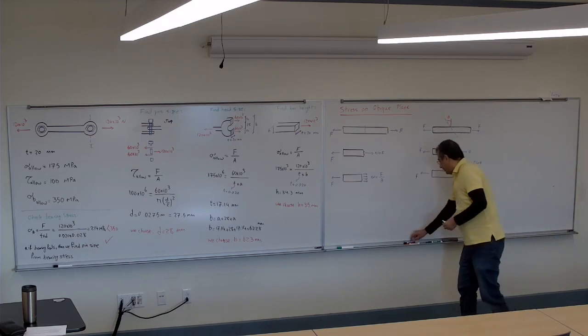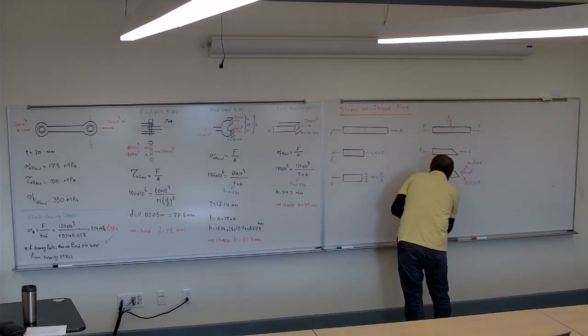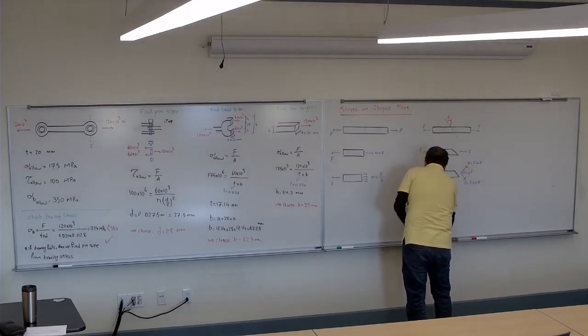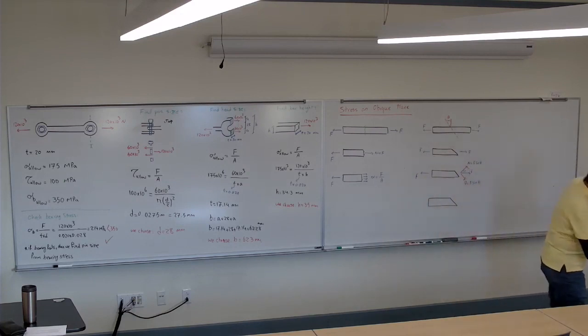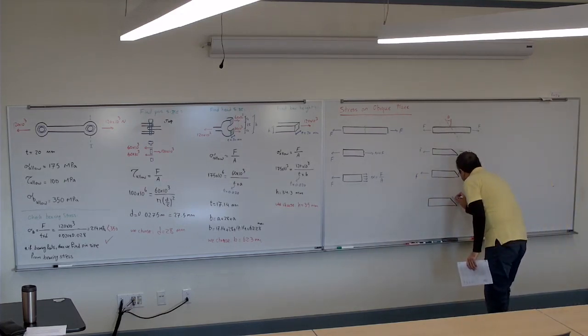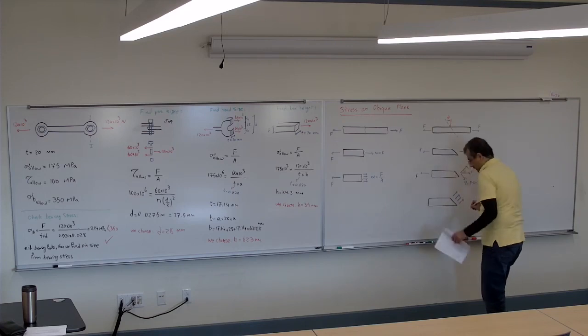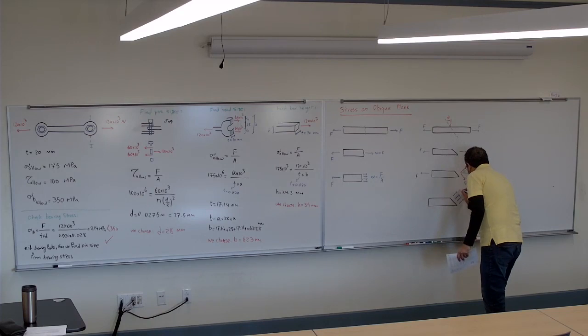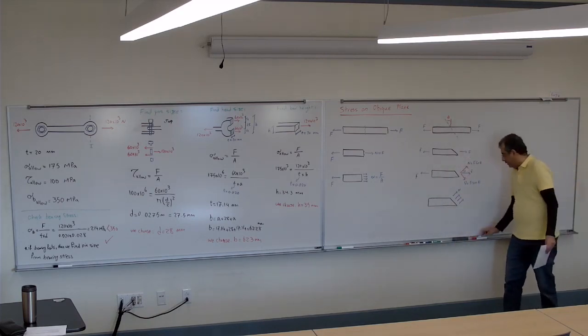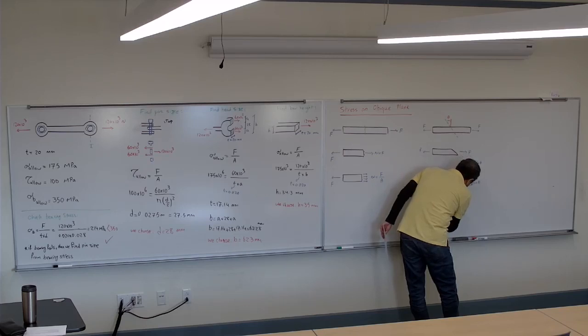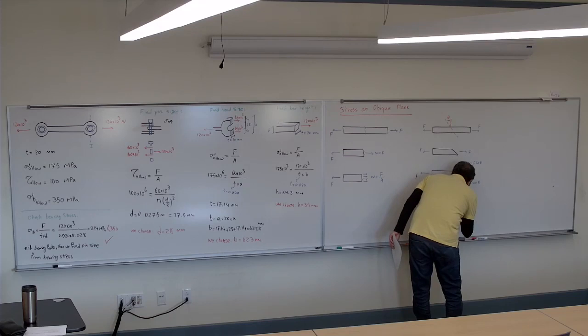Now if I go ahead and redraw that, I'm going to have these, which are the sigma, so these are the normal.